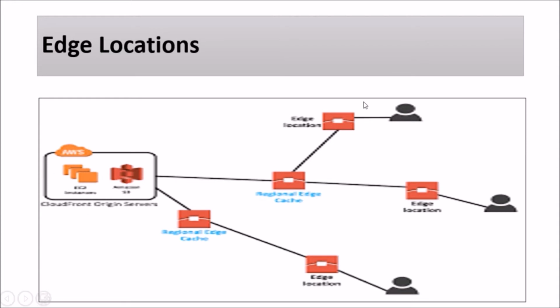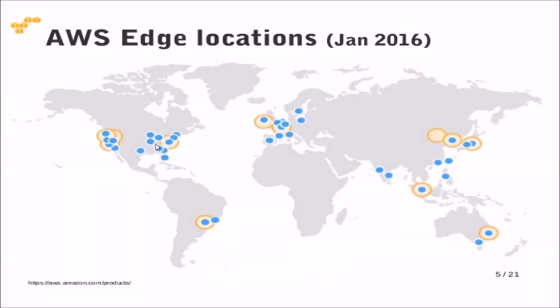If a user in another corner of the world wants to access our data or application, instead of giving the user access to the origin server, we create different edge locations throughout the globe, near to the user. The user directly contacts the edge location and can access the application, and this is how latency is reduced to a great extent. For 2016, these are the edge locations distributed throughout the globe.